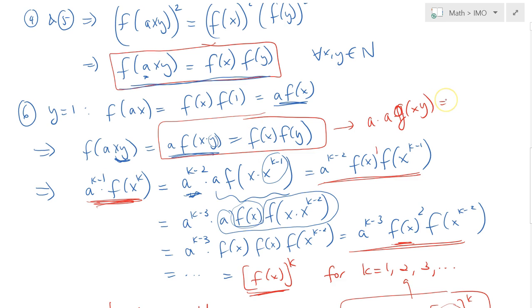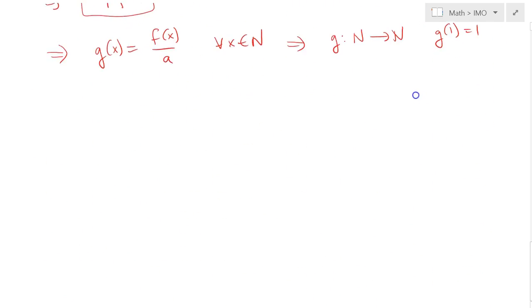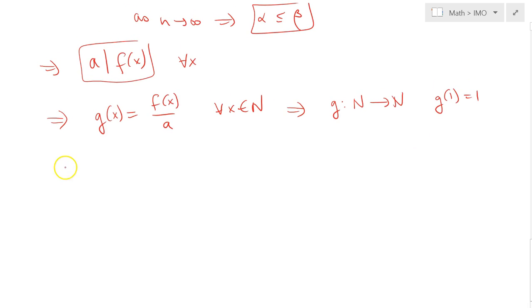We can replace the f's with a g of x times a g of y. The a's would cancel out, and as a result we would get this very, very nice result, such that g of xy is equal to g of x times g of y for all x, y in N.